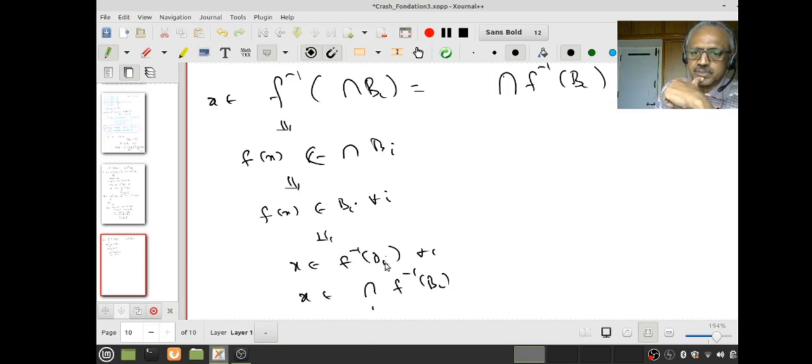Because x belongs to f inverse of Bi for all i, that means x is a common element of each of the subsets f inverse of Bi. That means it belongs to the intersection. Do you understand? Now you can see it's all if and only if. If x belongs to the intersection of Bi, then x belongs to f inverse of Bi for each i. But that means f(x) belongs to Bi for each i.